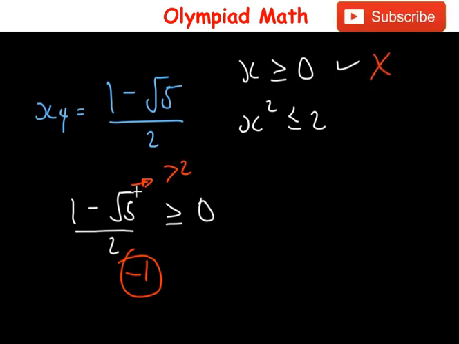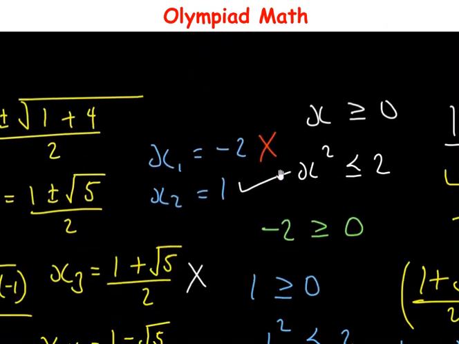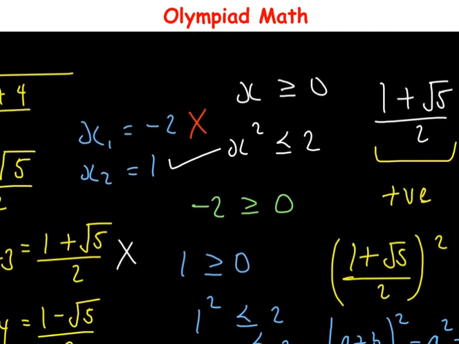So this means that the value of x4 is the invalid solution for the given question. So right here, the only correct solution is x2 equal to 1. So this right here is the correct solution for the given question.